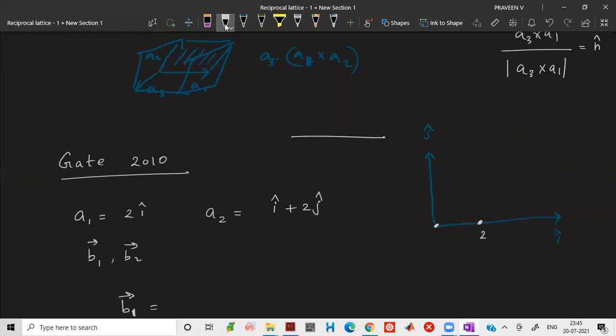So this is 2i, right? This is 1i, and 2 units up. So this will be the other atom. So another atom will come over here, and the next atom will come over here. It will be going like this. This will be 4.